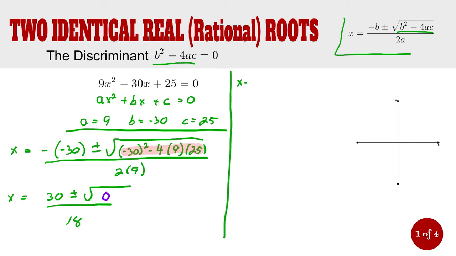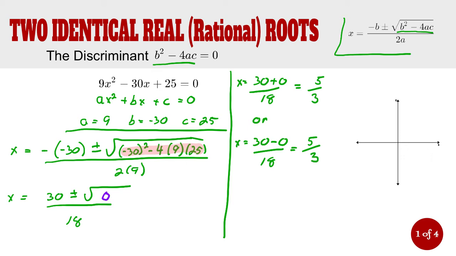So x equals 30 plus 0 over 18, which will reduce to 5 over 3, or x equals 30 minus 0 over 18, which becomes 5 over 3.